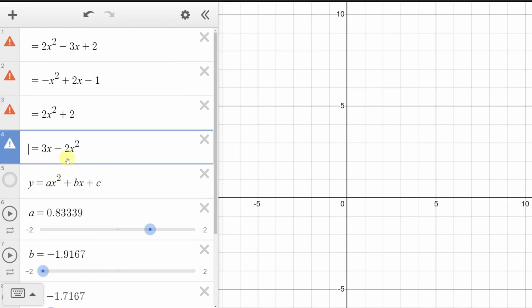Okay, the next function is this one. Our a coefficient is -2. It's negative, so the branches of the function must go down. Then the next coefficient is b, which is near the x, so we have b equal to 3. 3 is positive, which means the tangent line, which crosses the y-axis, is directed in the northeast direction, somewhere here.